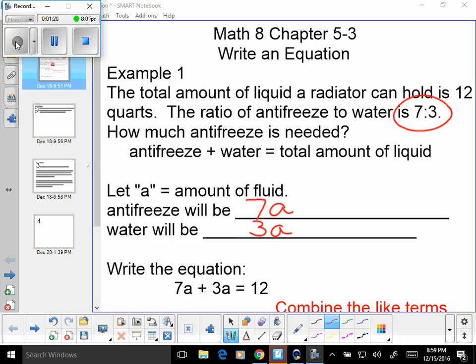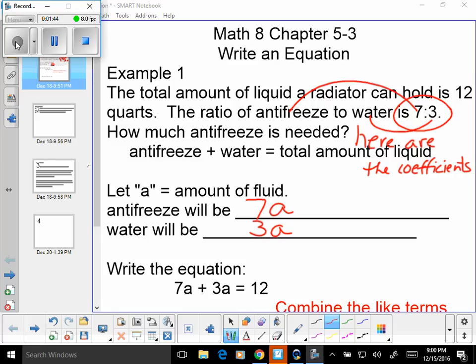So, if you'll notice, here are the coefficients. The antifreeze is first, so the antifreeze is 7, the water is 3, and that's how I get my 7A and my 3A.